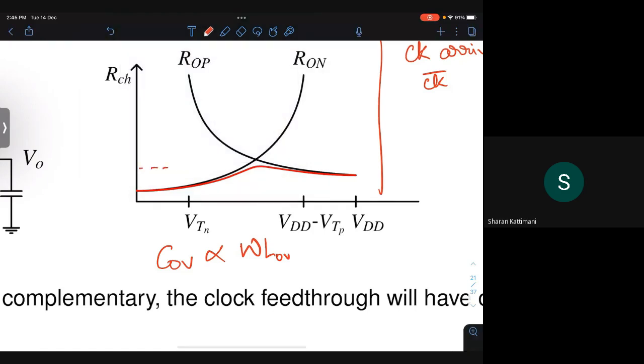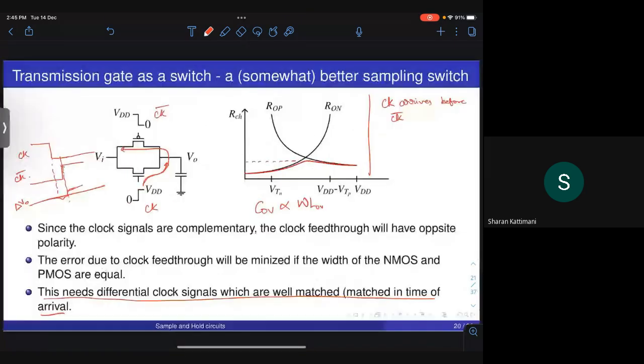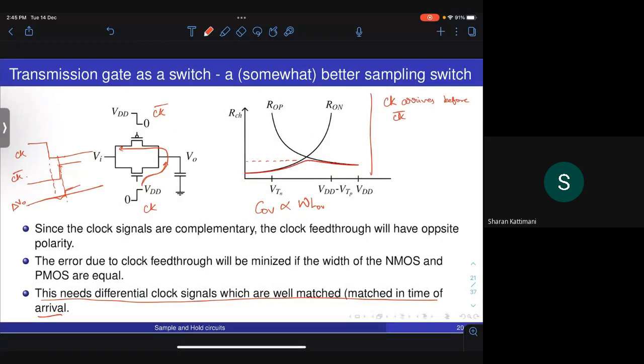So if you look at it carefully in this curve, you see that the on resistance of the PMOS is shown to be higher than that of the NMOS. Okay, this is not an error in sketching. It has been deliberately shown like that because that is what you will have to end up doing. So, you will have lower resistance for smaller voltages and a slightly higher resistance for higher voltages close to VDD, simply because you use the same width for the NMOS and PMOS in order to make sure that the clock feed through is matched.